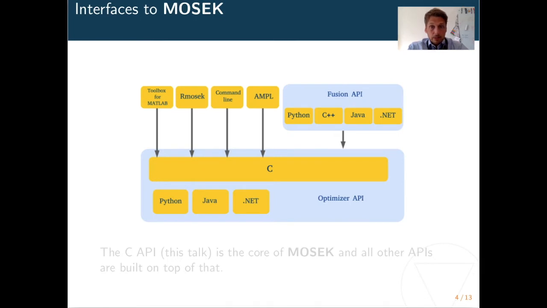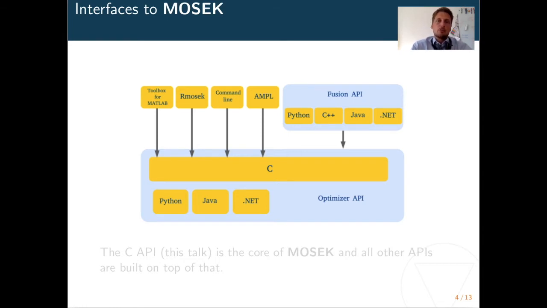Let's now have a rough look at the interfaces to the algorithms implemented in MOSEK. There is first of all the rather low-level optimizer API, available in several languages, and in addition to some further interfaces, MOSEK ships with its own modeling language called MOSEK Fusion.